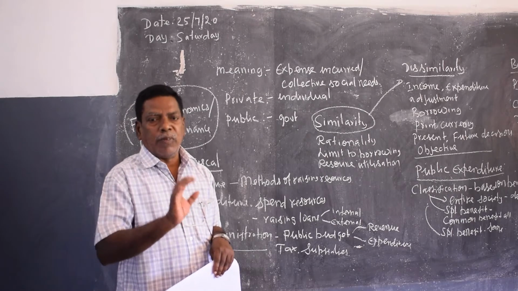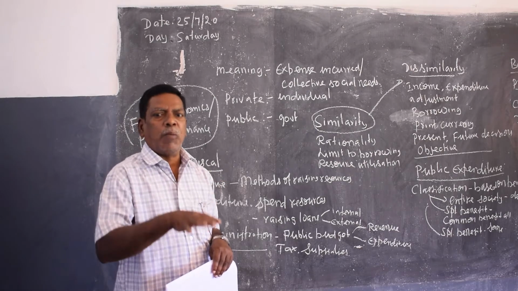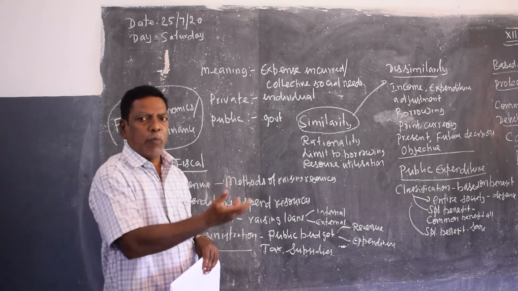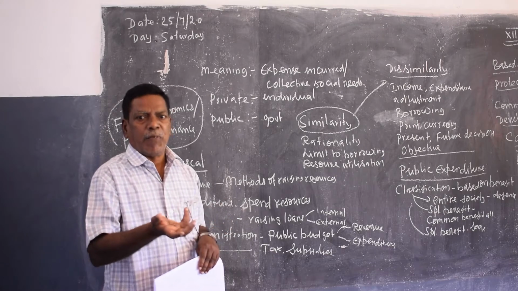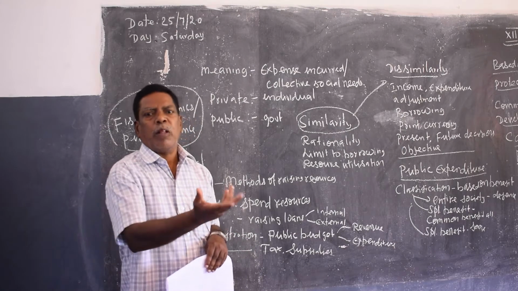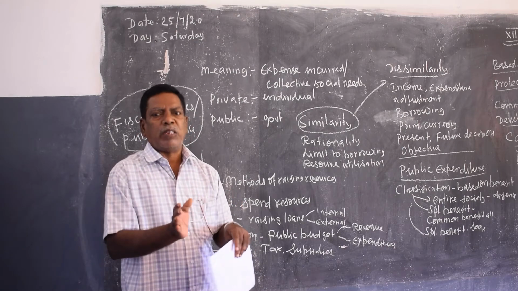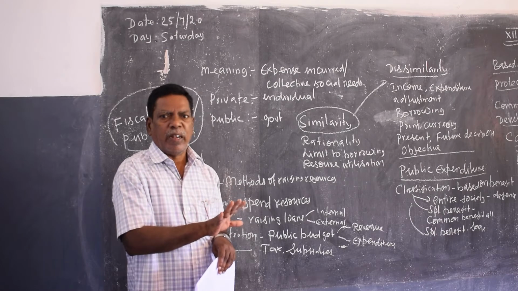Not individual problems they are taking into account. They are taking into account the social problem, common problem of the people, and they are trying to provide a solution from the money they gathered from the people. So that's why from the people they are collecting and upon the people they are spending. In both ways, the benefit goes to the people only, not to the authorities heavily.